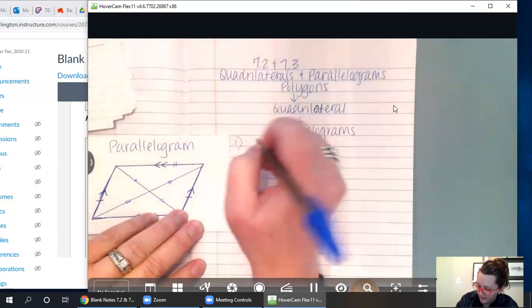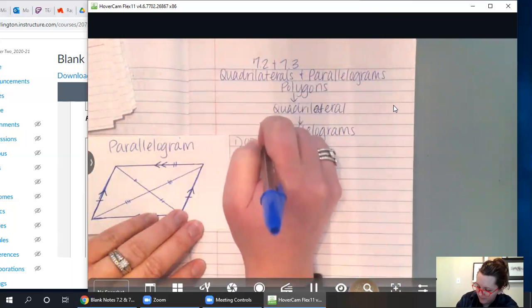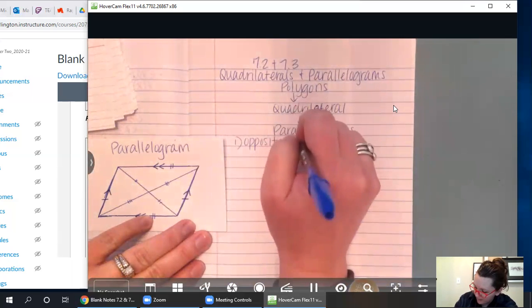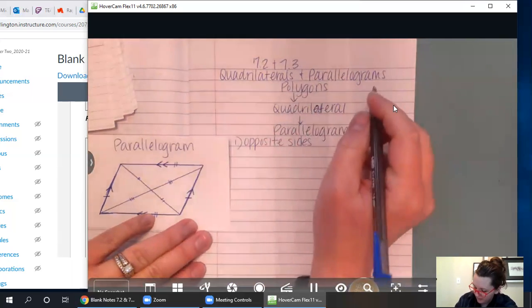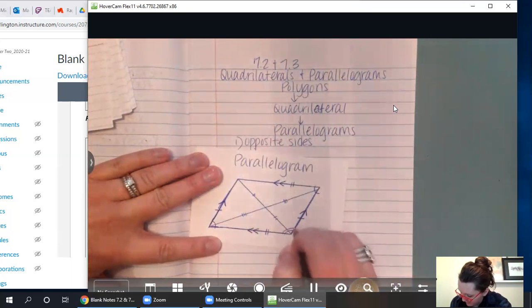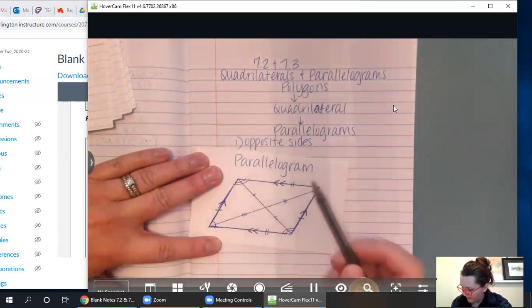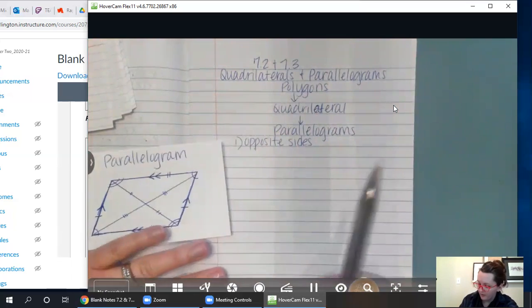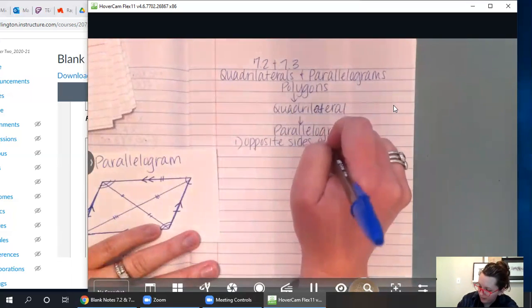The first property is that opposite sides, oh, I missed one, didn't I? And opposite angles. So let's see, we have 1, 2, 3, 4. Okay, so opposite sides are congruent.